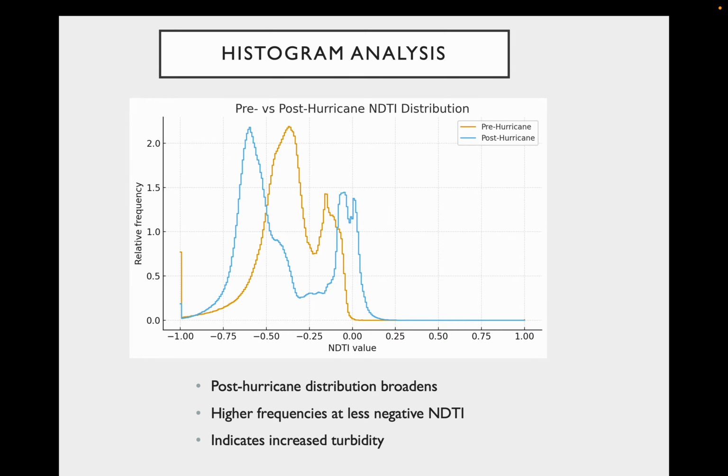But compared to the post-storm, the curve spreads outward and shifts toward zero and also leads to more positive values, which signal higher turbidity and greater spatial variation. This broadening of the distribution is also a strong numeric indicator of storm-induced disturbance after the hurricanes.